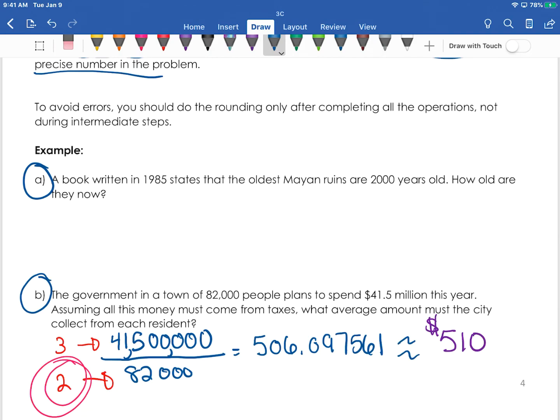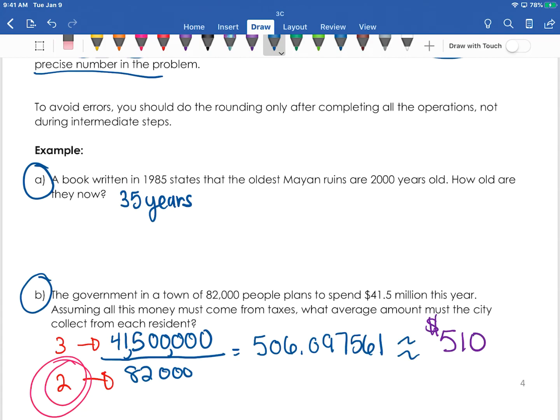It says a book written in 1985 states that the oldest Mayan ruins are 2,000 years old. How old are they now? So this is year 2020. So from 1985 to 2020, that's 35 years.